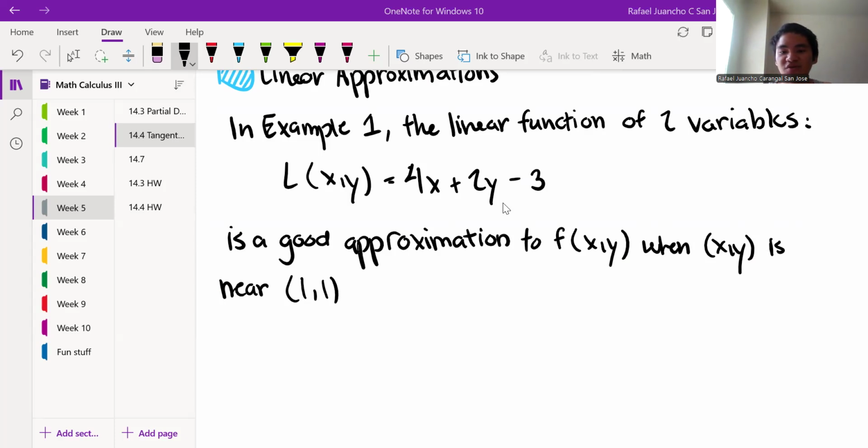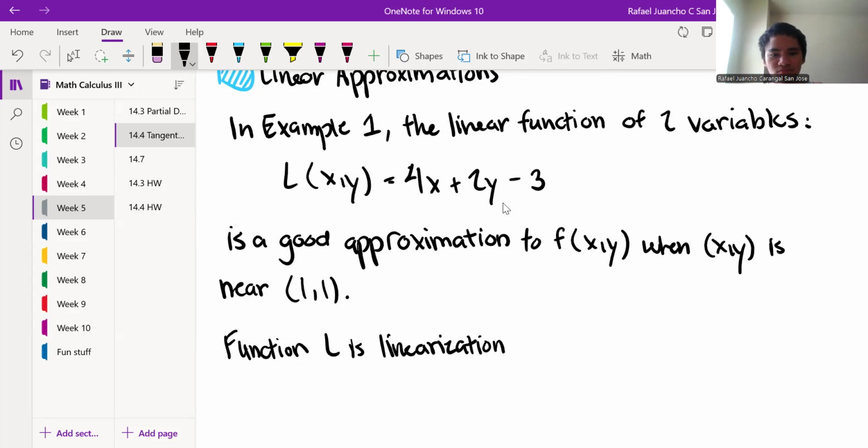So what is this? The function L is called the linearization of f at 1, 1. In high level terms, function L is the linearization of our original function f at 1, 1.